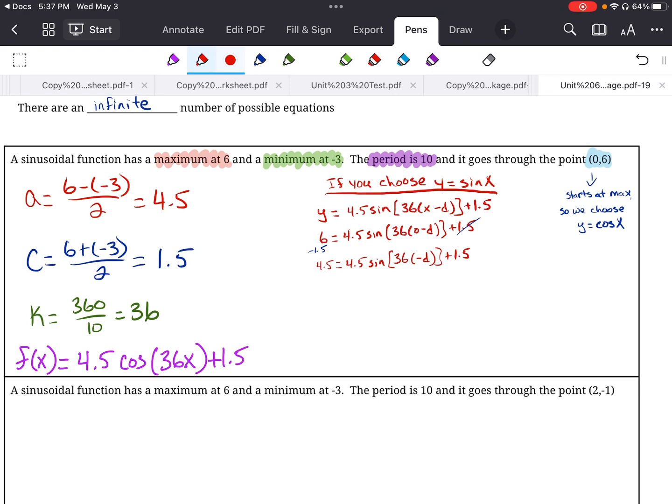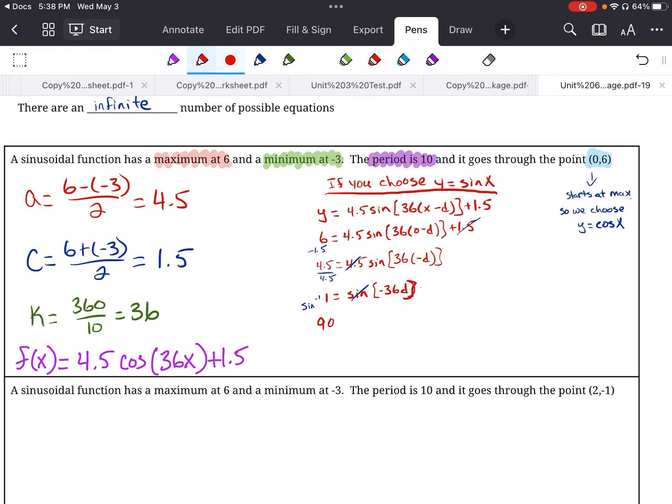We're going to divide by 4.5 to get rid of that. So we get 1 equals sine of negative 36d. Sorry, we already got rid of the 1.5, my mistake. To get rid of the sine, we sine inverse the 1.